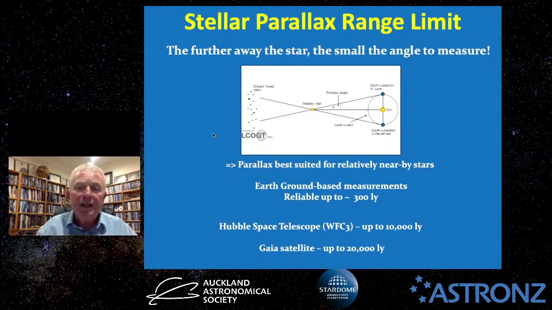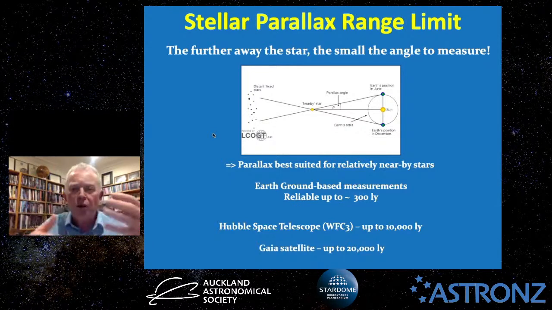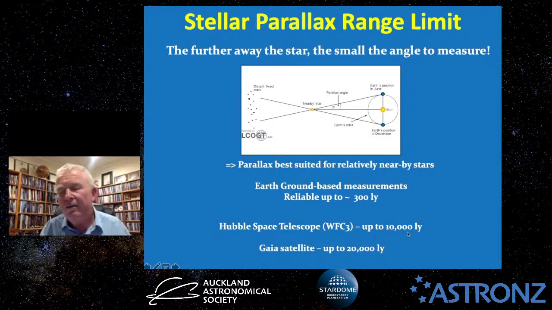Of course, if you can get above the atmosphere with a telescope or a satellite, you're away from all the turbulence of the atmosphere, so it enables you to get more precise measurements. And the Hubble Space Telescope with the Wide Field Camera 3 can measure with reasonable accuracy stars up to about 10,000 light years away.